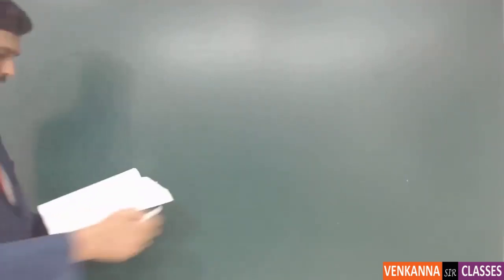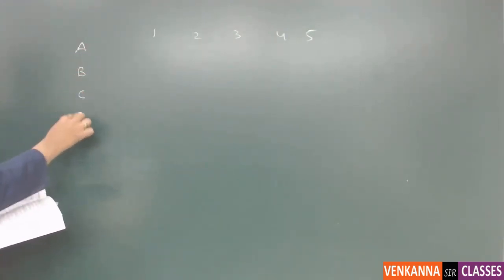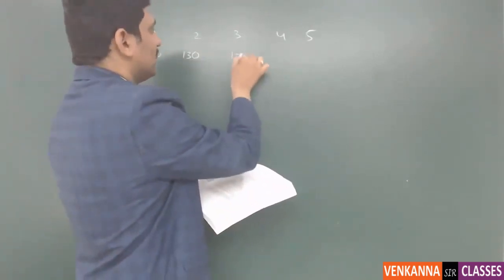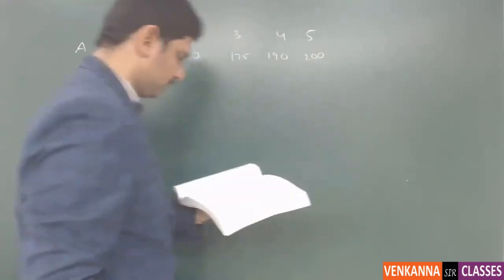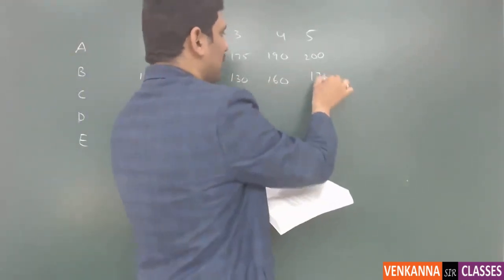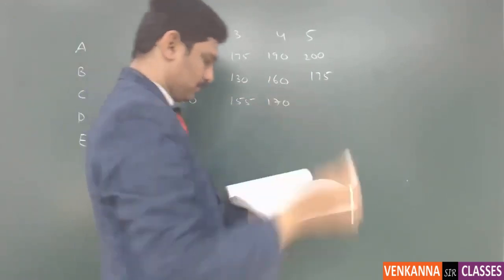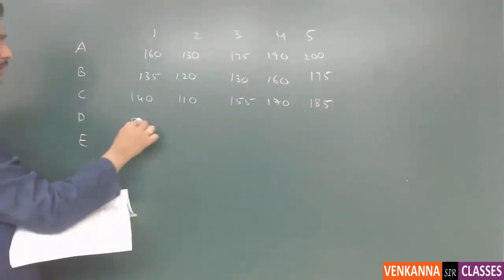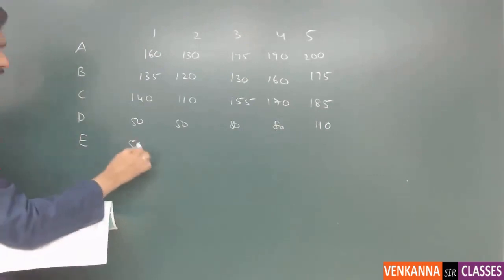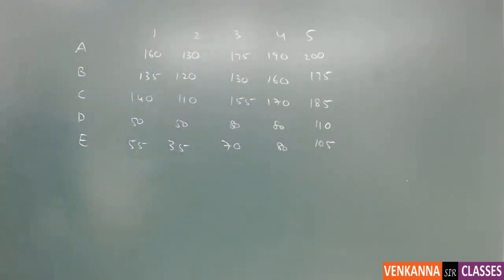So this example I have taken: 130, 175, 190, 200, 135, 120, 130, 160, 175, 140, 110, 155, 170, 185, then 50, 50, 80, 80 and 110, and then 55, 35, 70, 80, 105. So please take a note of that.